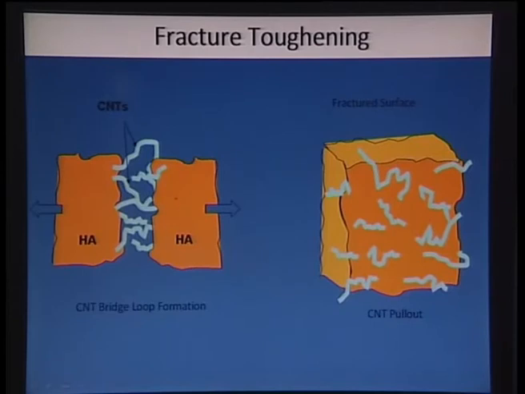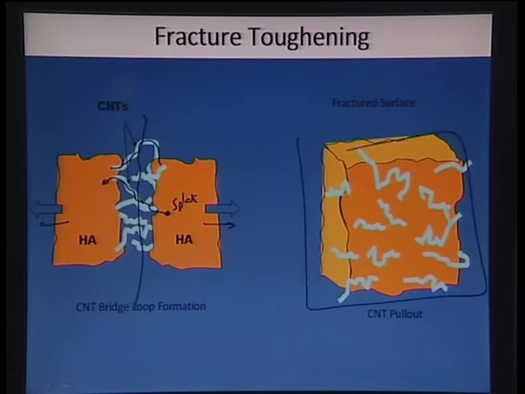If we see it more like this, we have a hydroxyapatite splat out here, and then CNTs are bridging the two splats by forming certain anchors. So we have one anchor out here, one anchor out here, and once we supply enough force so that it fractures at this particular location, the top portion looks more like this. We are seeing this particular face like this.